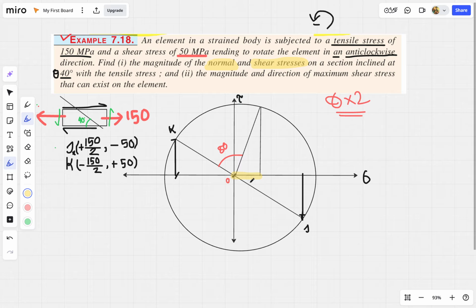And the shear stress will be this portion. If you want to determine the shear stress, you just have to determine this portion, and for the normal stress, you have to determine this portion.